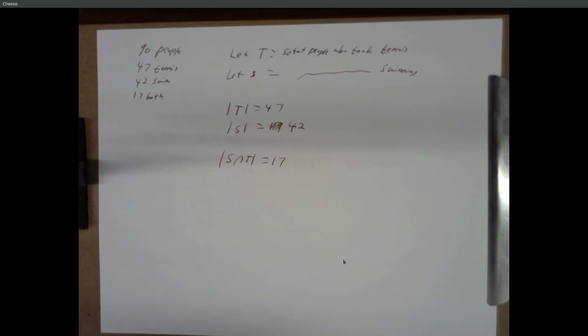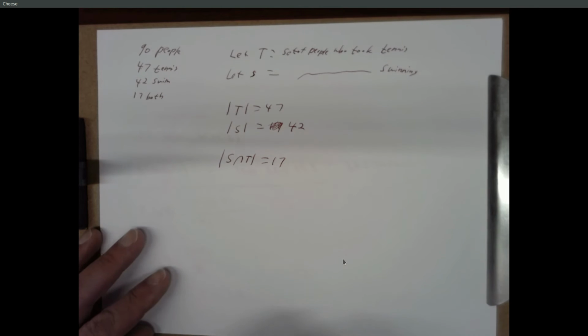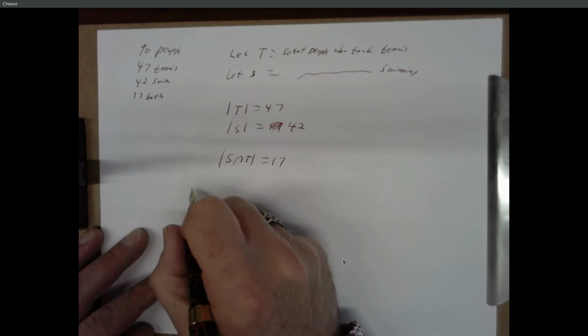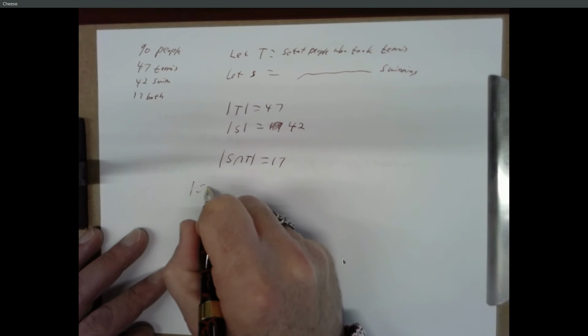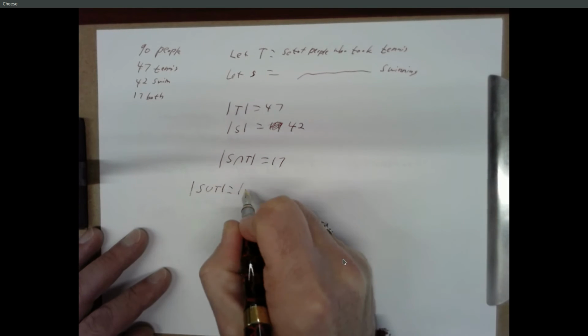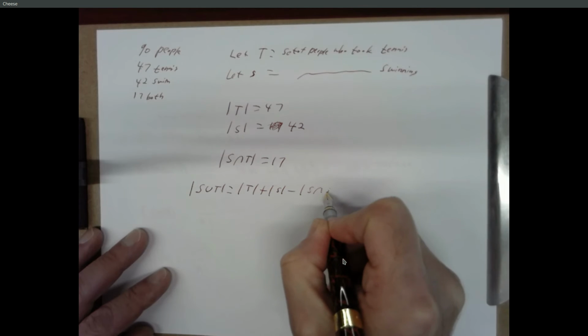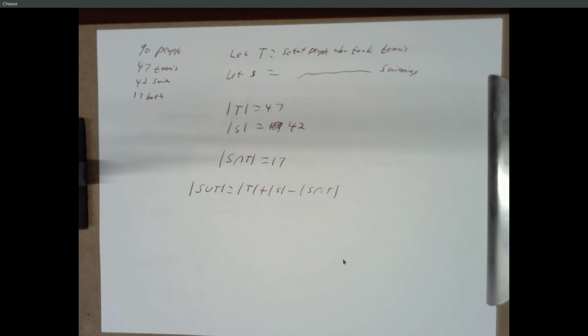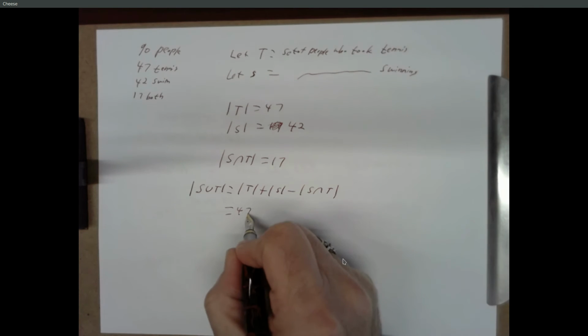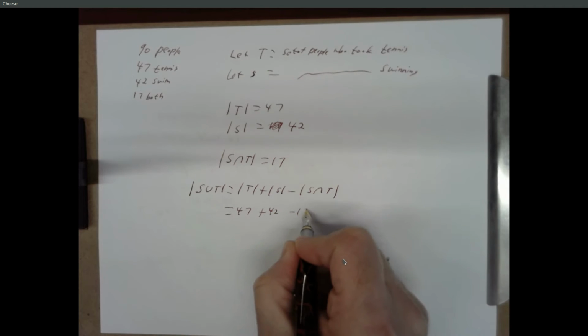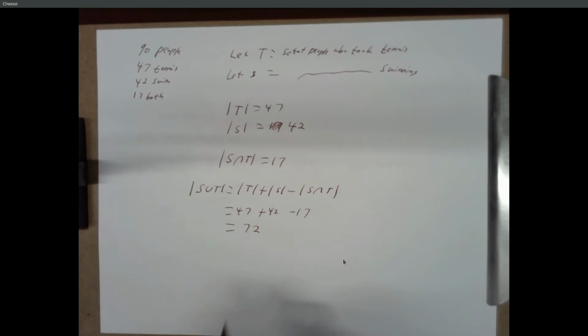Our rule for inclusion-exclusion says the size of the union is the sum of their sizes minus the size of the overlap. So this is 47 plus 42 minus 17, which is 72.